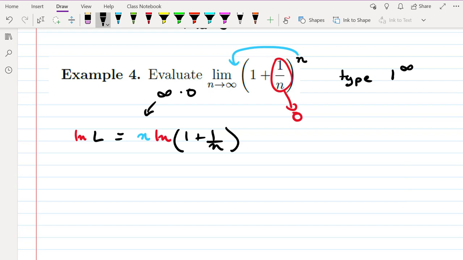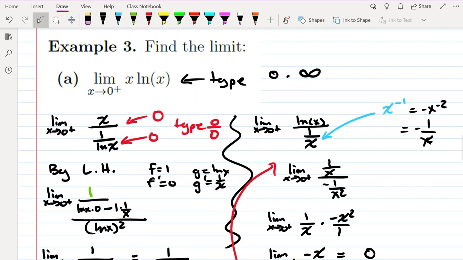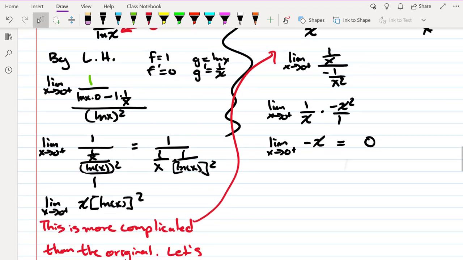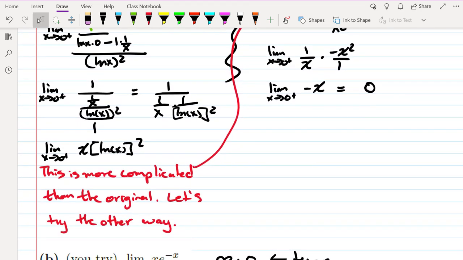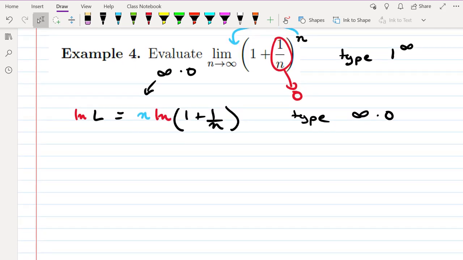So now this is of type infinity times 0, which means that we can rewrite it as type 0 over 0, like we did in the previous set of examples. Well, based on what we observed above, when we had this logarithm times a polynomial, which one did we choose to move into the denominator? Well, when we tried to move the logarithm into the denominator, we ended up with something that was more complicated. So, based on what we saw above, let's move the n into the denominator.